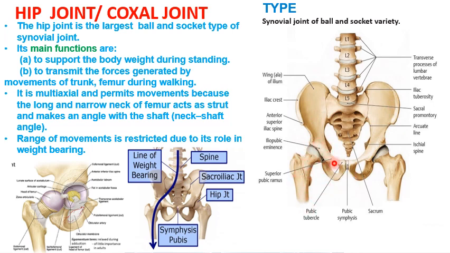This is the hip joint, also called the coxal joint, a joint between the acetabulum of the hip bone and the head of the femur, which is also a multi-axial type of joint. This hip joint is the largest multi-axial ball and socket type of synovial joint.